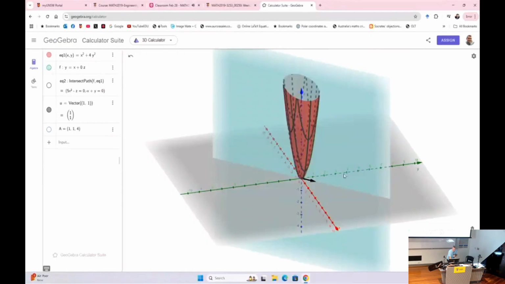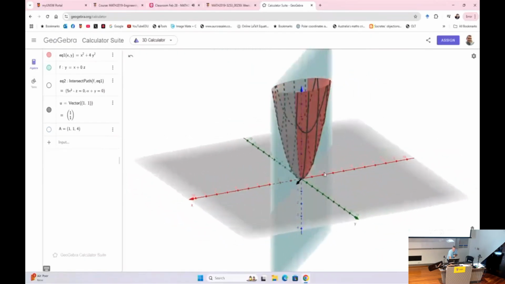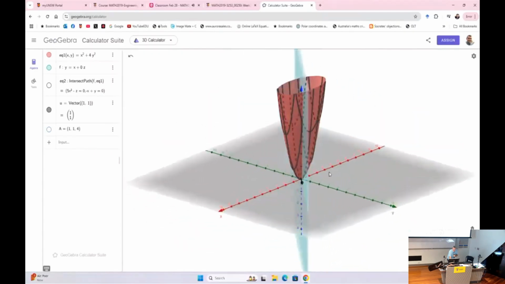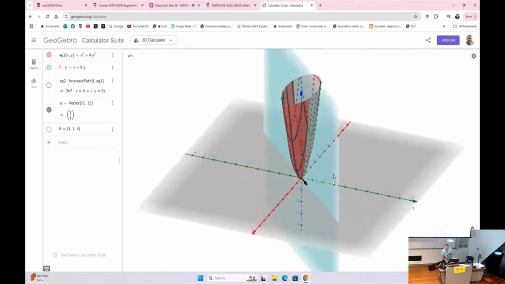Can you see that it's not parallel to either the x-axis or the y-axis? So we're not talking about partial derivatives here. We're talking about something else.